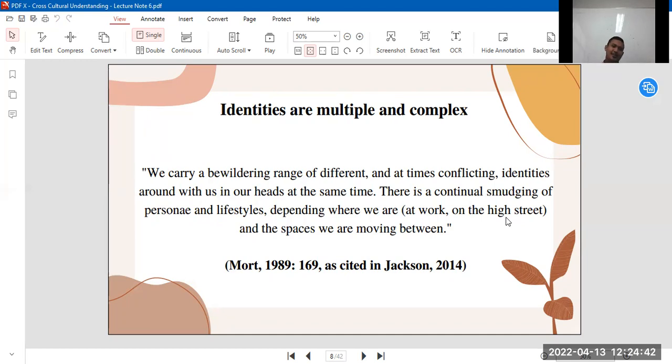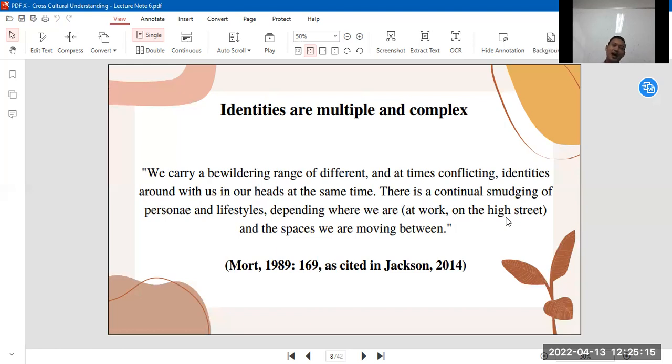Or we can also define ourselves as the son or even elder brother in the family, or anything. We have a lot of roles. We have identities in different places, different contexts, different settings. We have different identities.